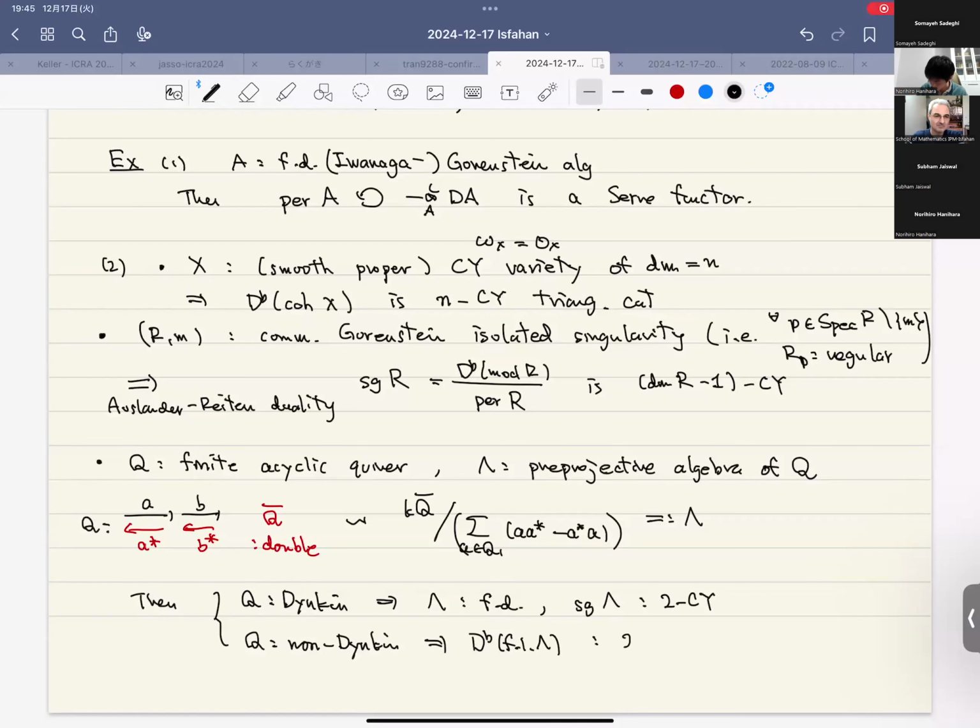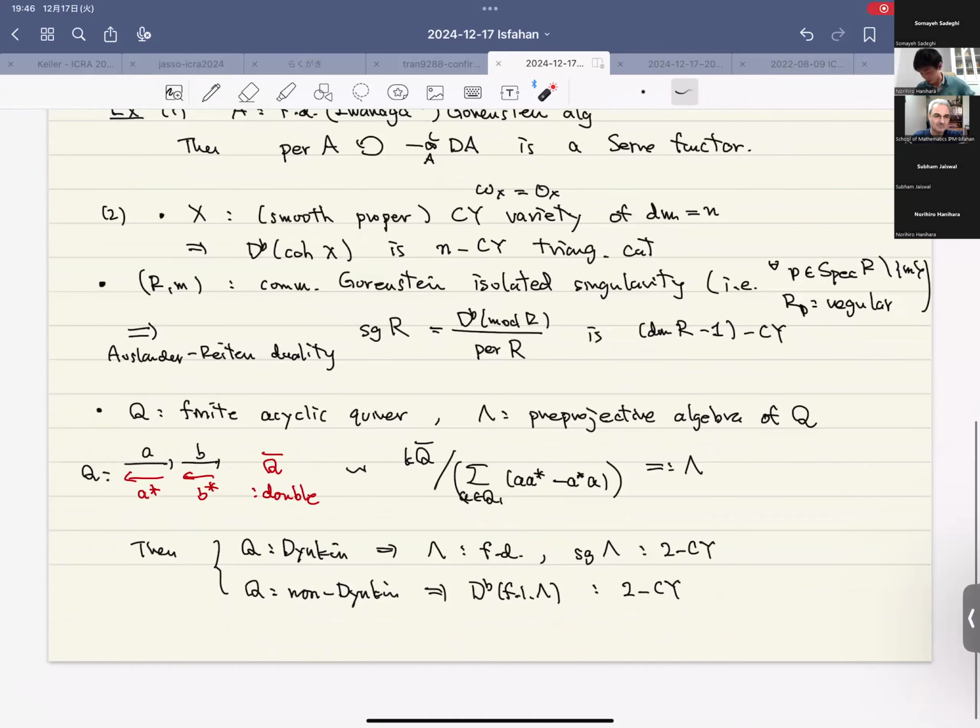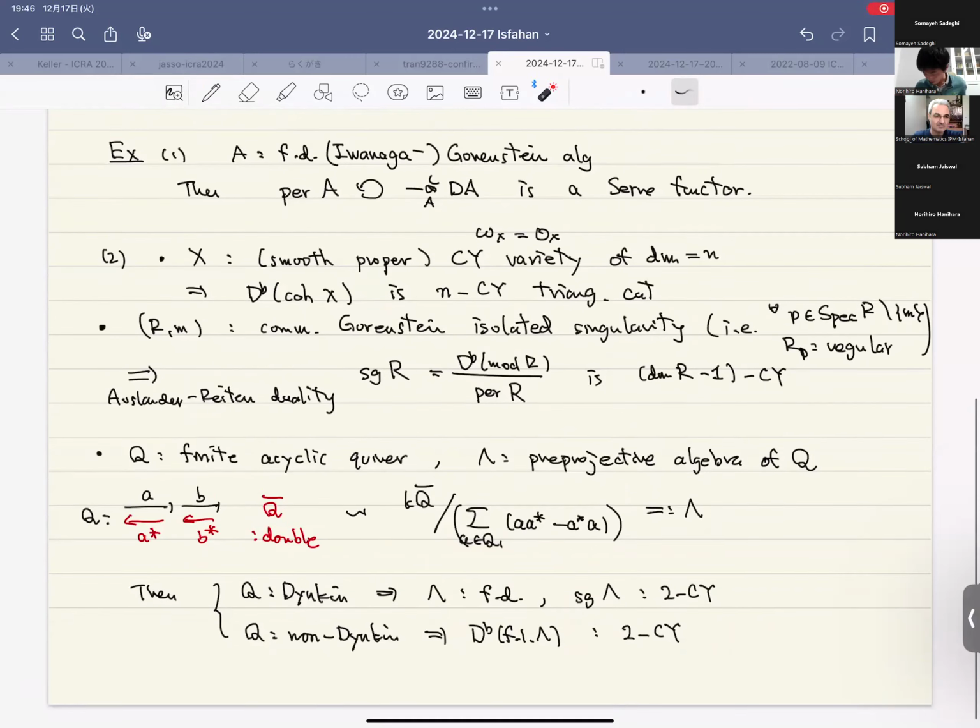So depending on whether or not Q is Dynkin, we have somehow different kinds of 2-Calabi-Yau triangulated categories, and one of the goals of my talk is to explain how these differences appear and what the corresponding objects are.